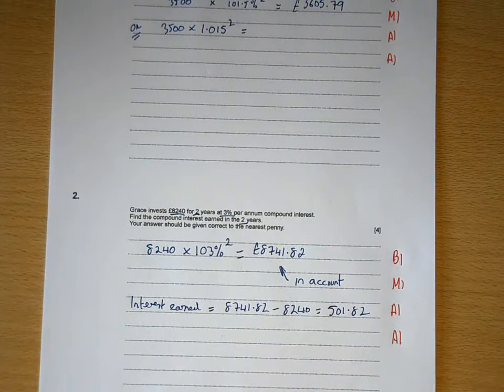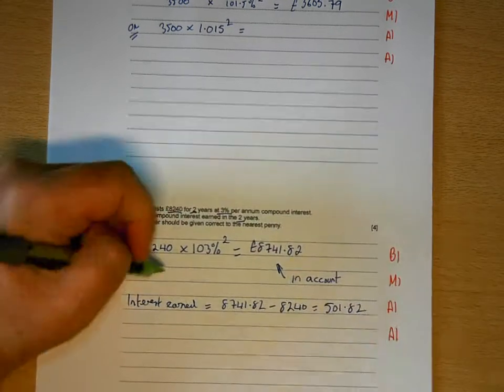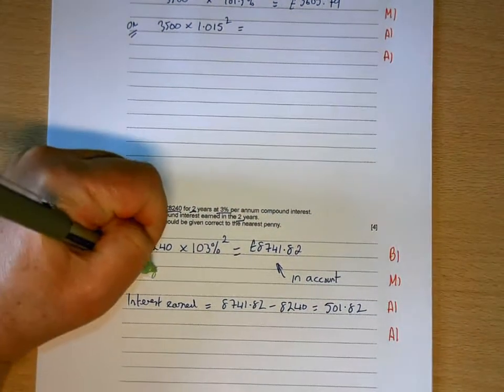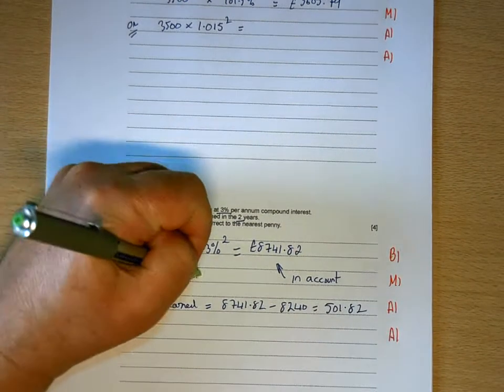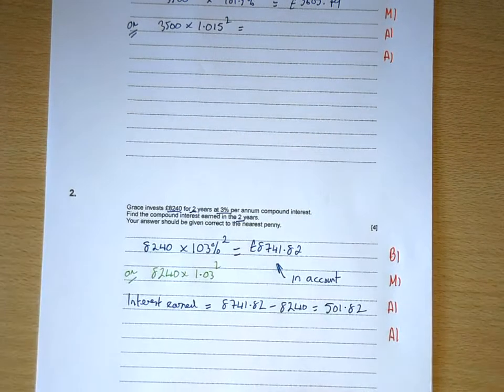So with that one, if you didn't want to use the percent button, you would have done 8240 times 1.03 squared. That's more work, if you ask me.